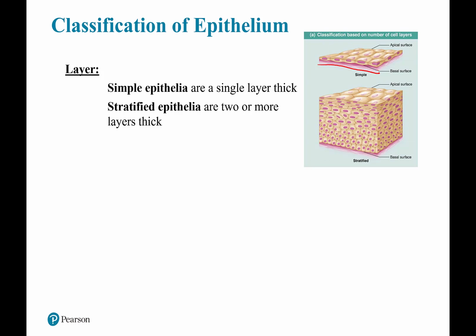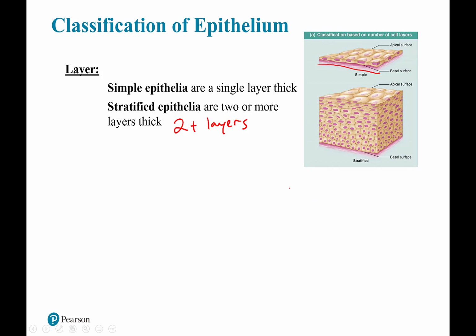If your epithelium only has one single layer thick, then we call that a simple epithelia. The fancy word for one layer is simple because it's so simple, it only has one layer, right? If the epithelium has any more than one layer, so 2+ layers, you are going to call this stratified. Stratified is the fancy term for many.